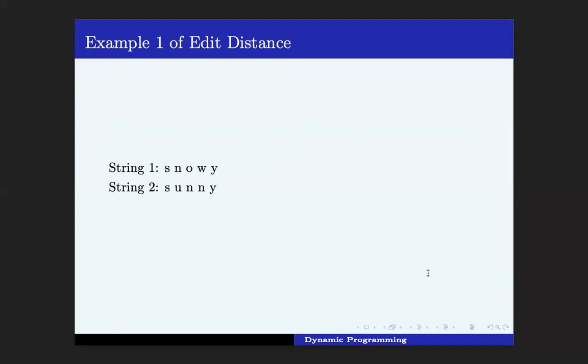And then I can keep adding one by one S, U, N, N and Y. By adding those letters, I will get sunny. So first delete all 5 letters of snowy, and then add all the letters of sunny, and the total is 5 deletes and 5 additions, which is 10.